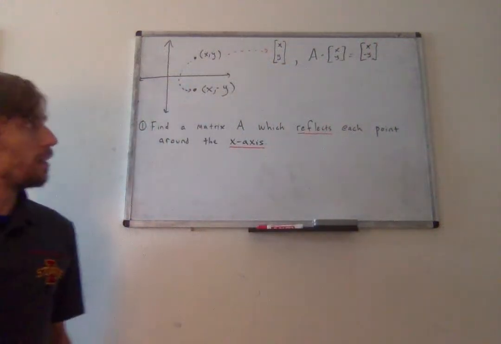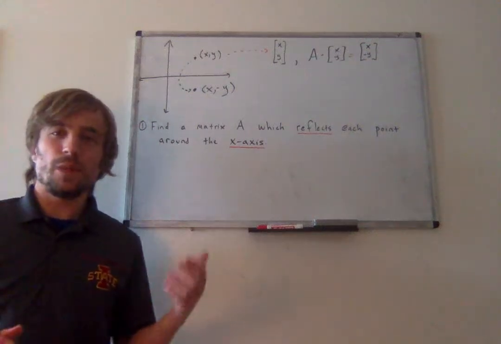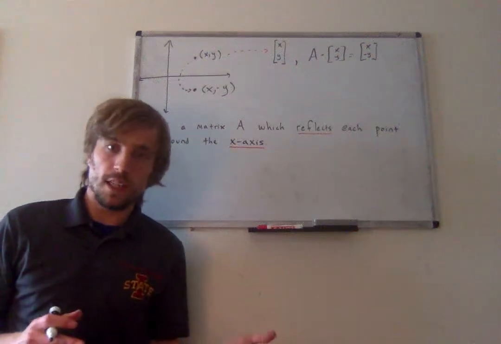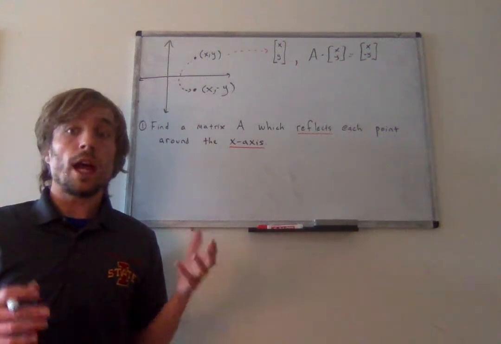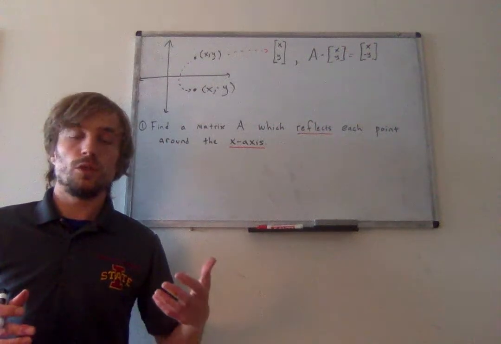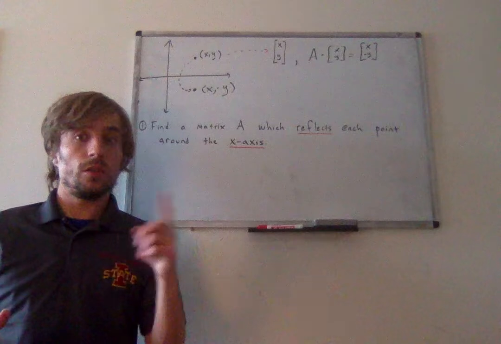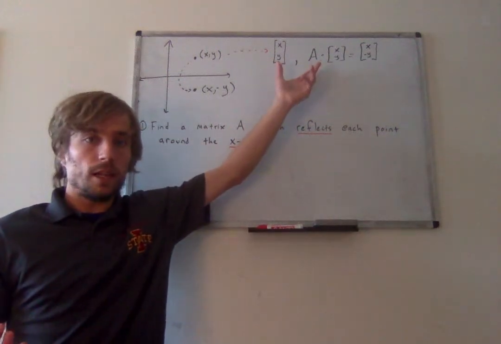Maybe you can eyeball what's going on here and figure out the matrix, but part of the reason I want to include this example is to show how powerful that last theorem we introduced was, in that if we know where the point (1, 0) and the point (0, 1) go, we can find this matrix A.